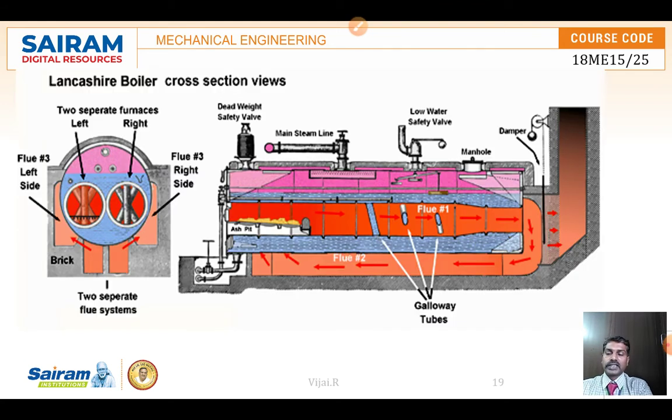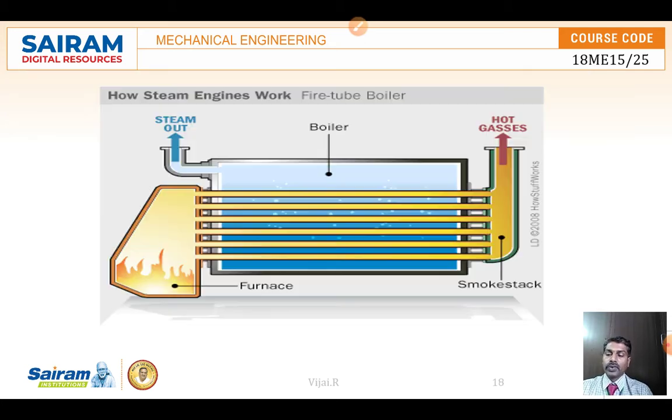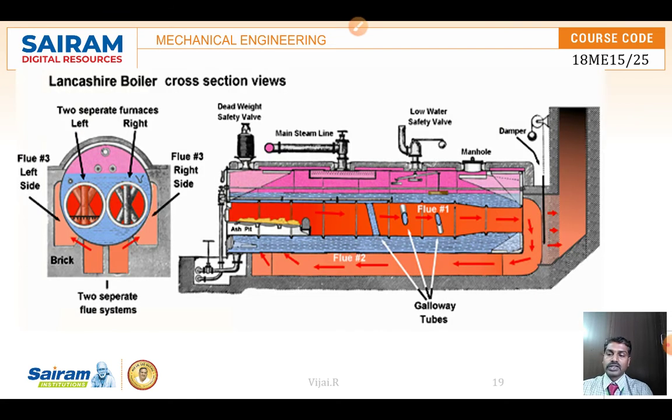Here we can see the construction of the Lancashire boiler. It has a horizontal drum, located along the horizontal axis, and it consists of an area filled with water. The blue color shows the water. At the bottom, the drum is surrounded with a gap where the hot flue gases can pass.